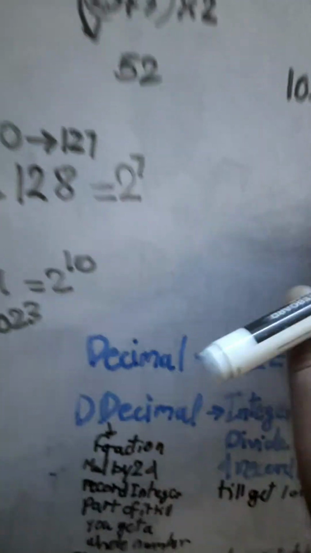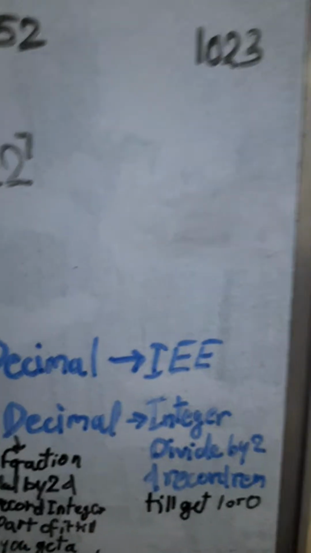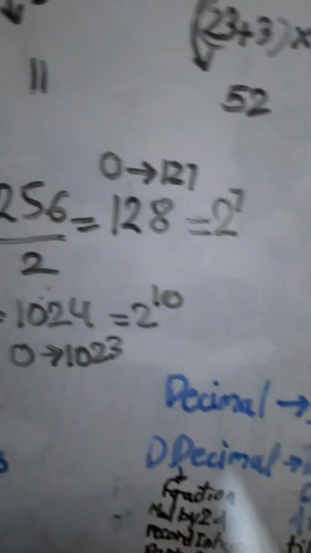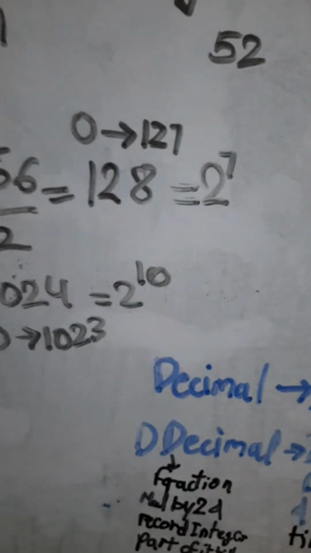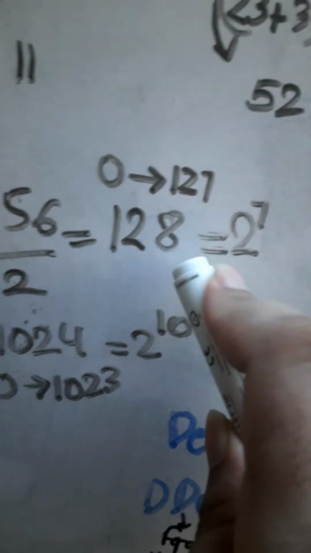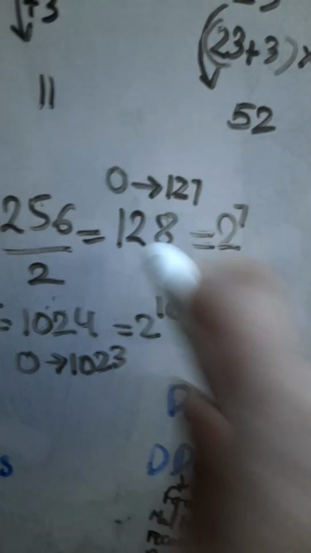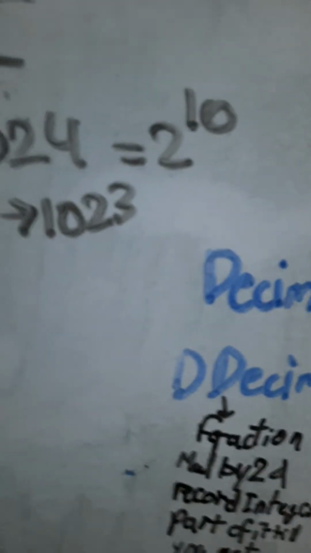Decimal has 10 combinations in one place, and only after I exceed that can I shift to the next place. So we multiply by 10 raised to n there, but here we multiply by 2 raised to n because this is a binary number.